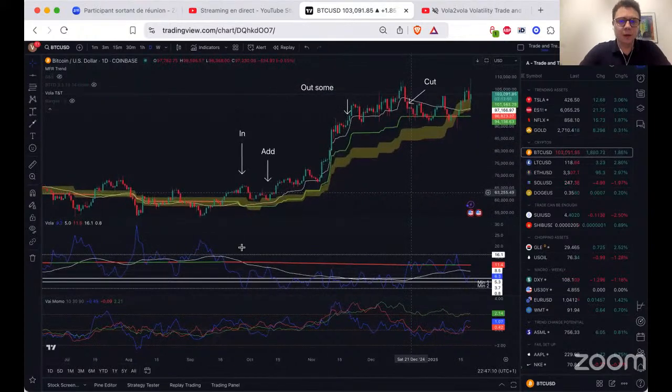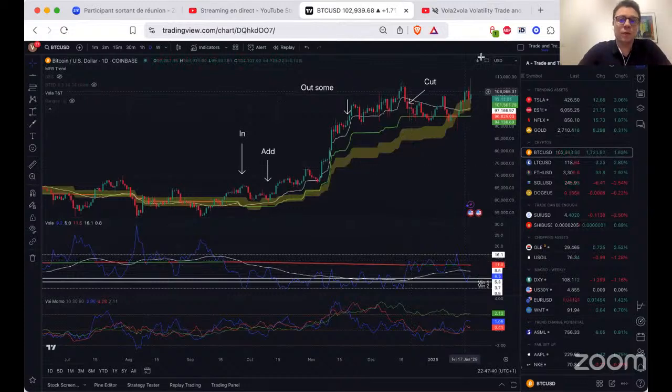Same cross here, you get back, you get in here. Here you have the retest of trade, you add some more, and then your target is the minimum volatility trade value. It's around here, around 92K, and you cut your position here because volatility is starting to make higher highs, higher lows, so you want to get out.